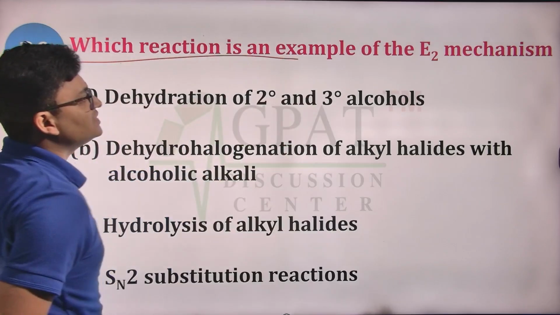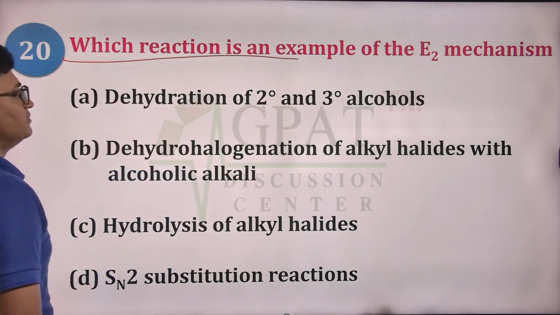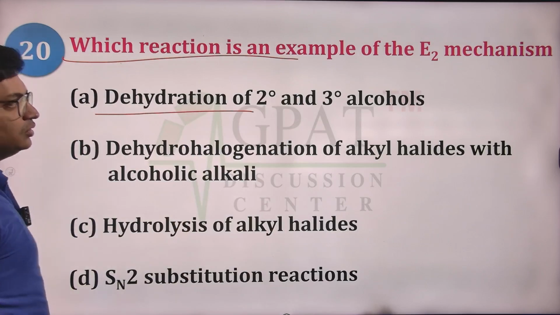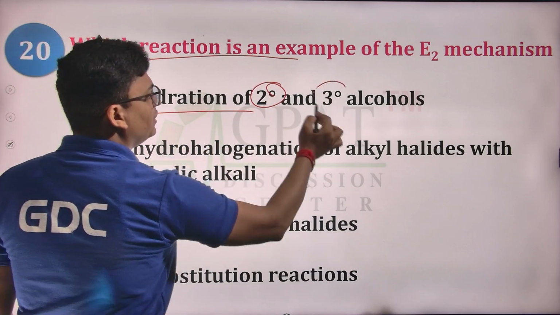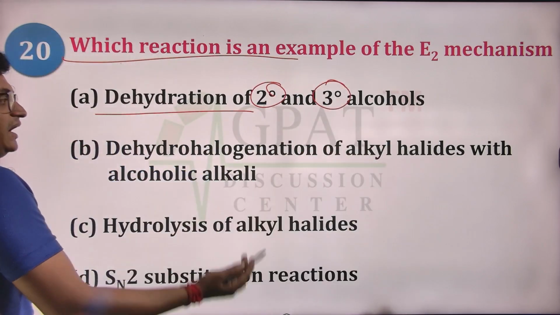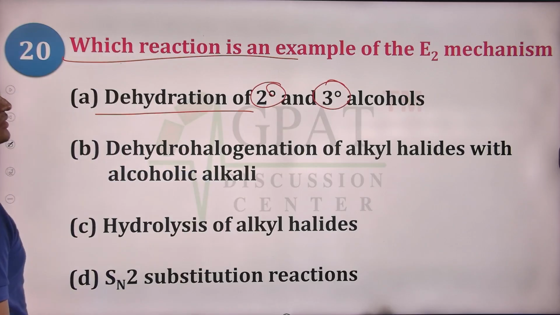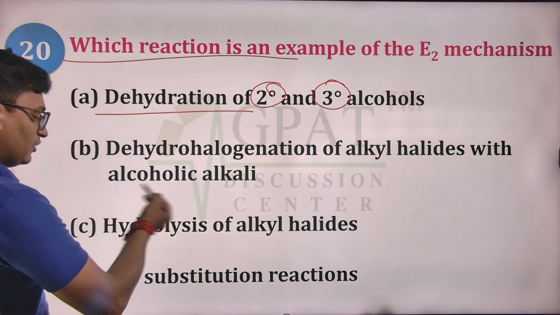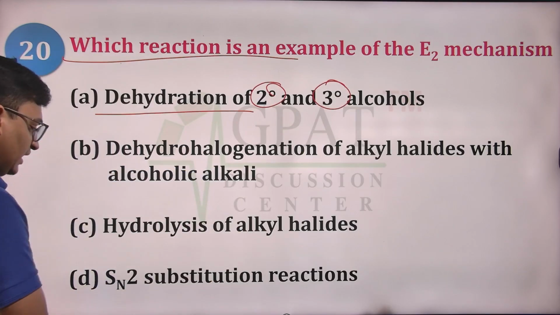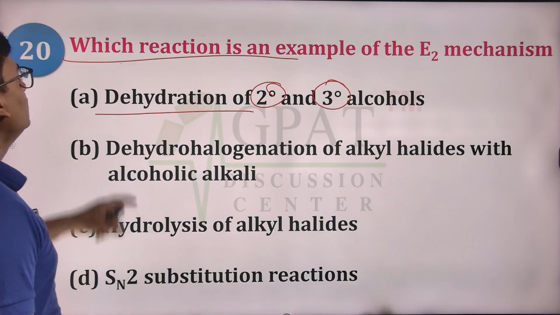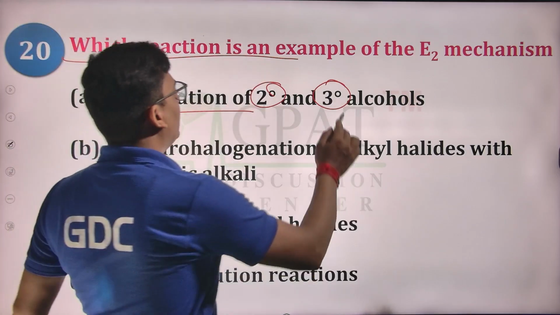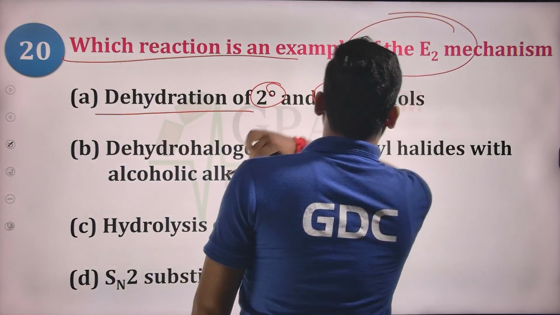Which reaction is an example of the E2 mechanism? Dehydration of 2-degree and 3-degree alcohols, dehydrohalogenation of alkyl halides with alcoholic alkali, hydrolysis of alkyl halide, or SN2 substitution reactions. Now, we are being asked for an example of the E2 mechanism.